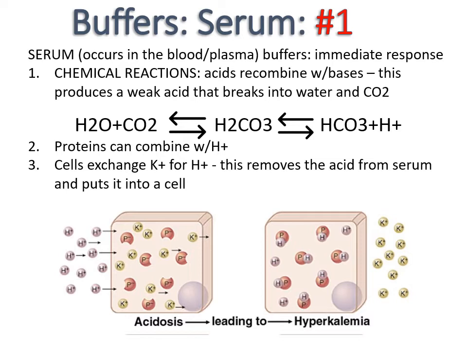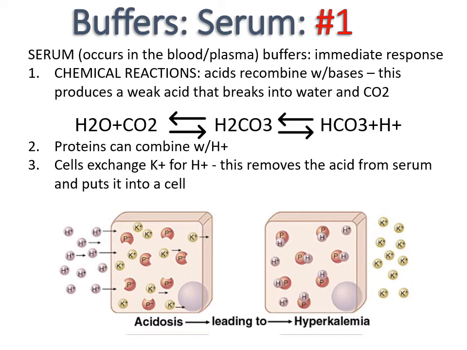So there's an exchange. It's called the potassium hydrogen exchange. And this is a way of hiding H plus in the cells. That allows the system to maintain normal pH in the bloodstream.